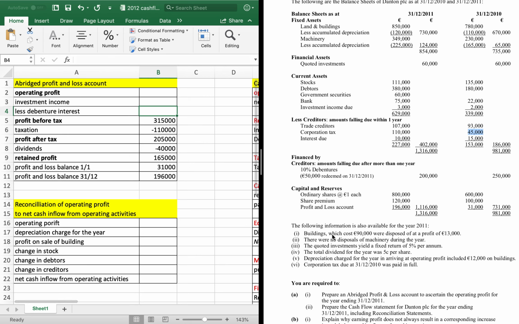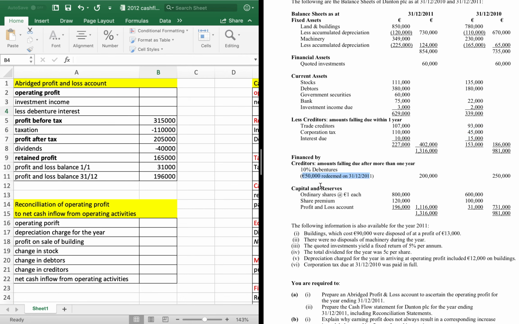So the debenture interest, again, is there anything there to tell us about debenture interest? Not really, so there's nothing at the bottom here, but as we know, debenture interest is on debentures. So it tells us debenture interest, the rate is 10% and the debentures is 200,000, and it was 250 last year. So let's look and see what this says here. So it says 50,000 redeemed on the 31st of 12th 2011.